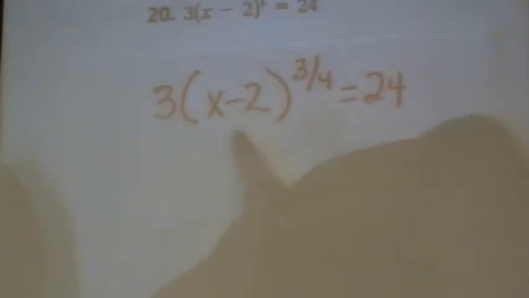Now, how can I do this problem easy? What's step 1? 3 times x minus 2. I need to get rid of that 3 in front. Divide the 24 by 3. Yes.